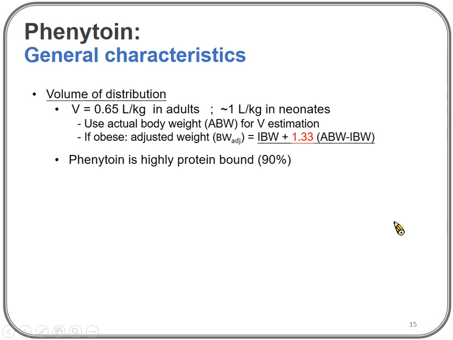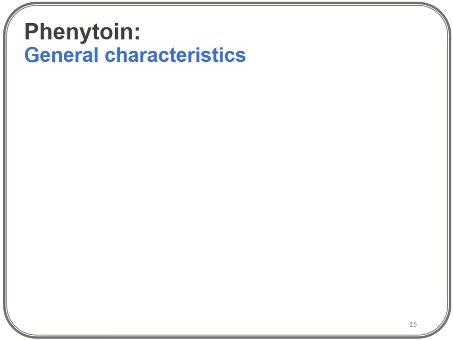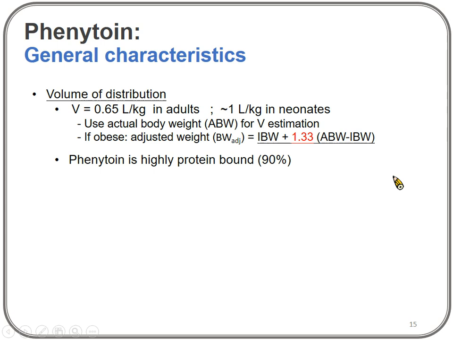As for the volume of distribution, it is larger per kilogram in neonates than in adults, and because it is highly lipophilic, we quantify it using actual body weight for the volume estimation.